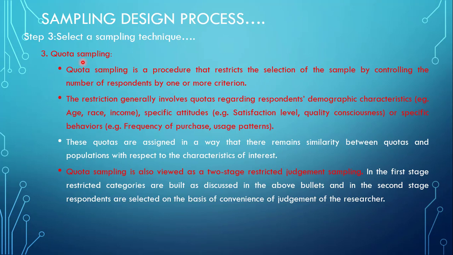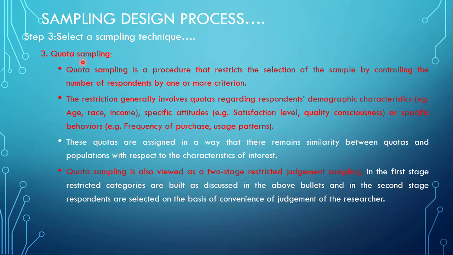Let's say you went to a mall as a researcher to collect data from customers, but you set a criteria saying that you'll be collecting 50 questionnaires from females, and 30 questionnaires from males. Then it is quota sampling. You are going to control the number of respondents based on a certain criteria.